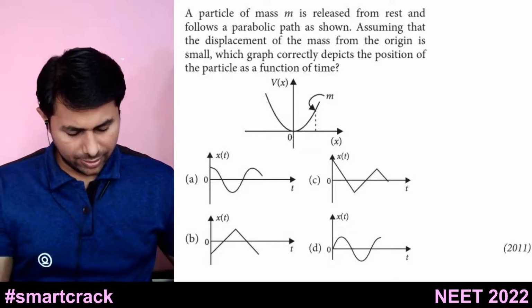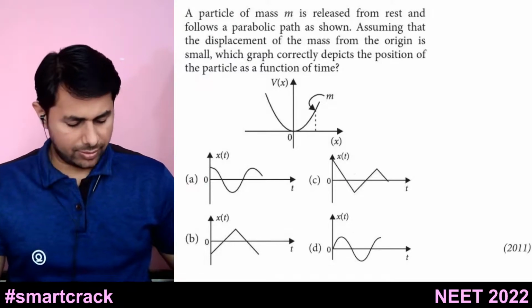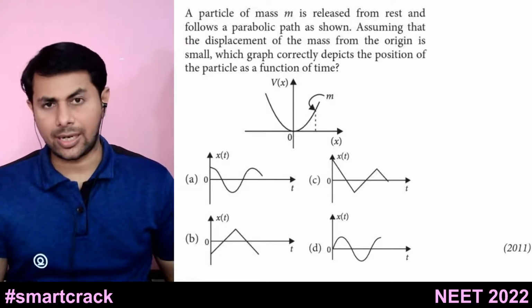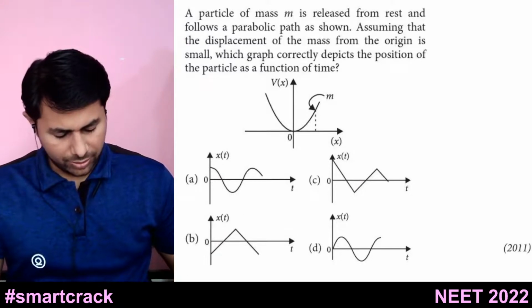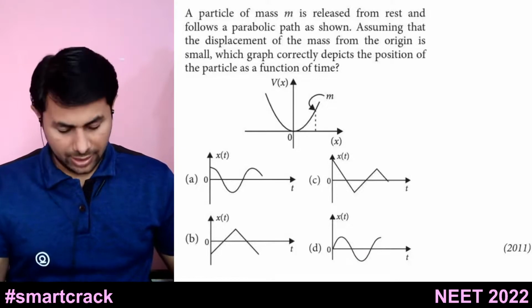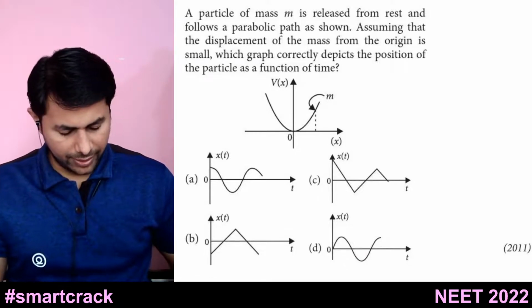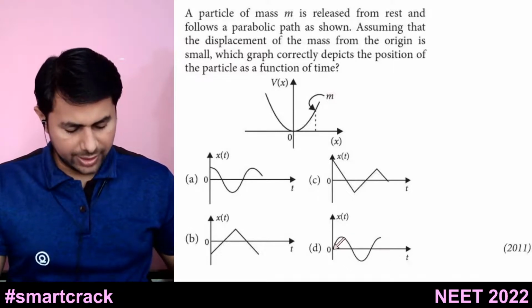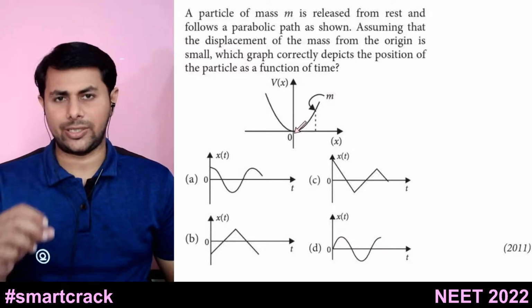Okay, so this is not the graph for simple harmonic motion. This is also not a graph for simple harmonic motion. There are two possible answers, out of which this must be true, not this one, because in this case it starts from the origin.